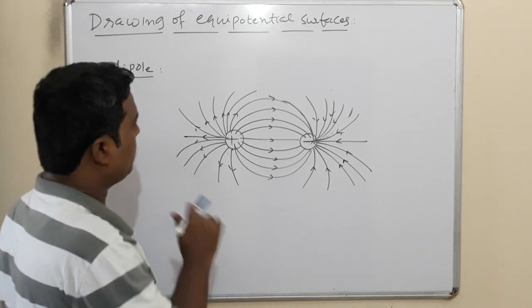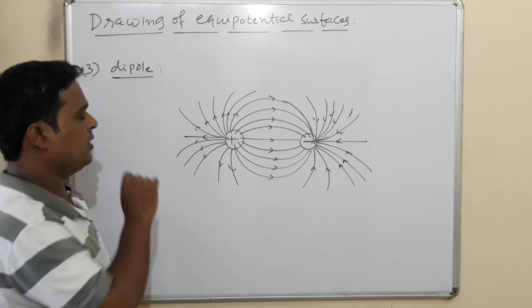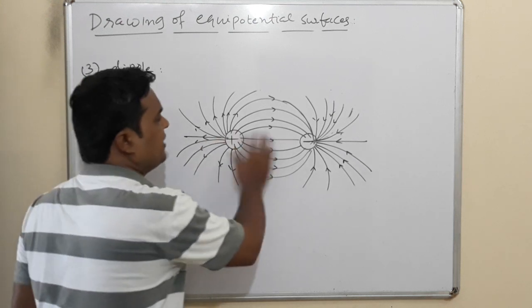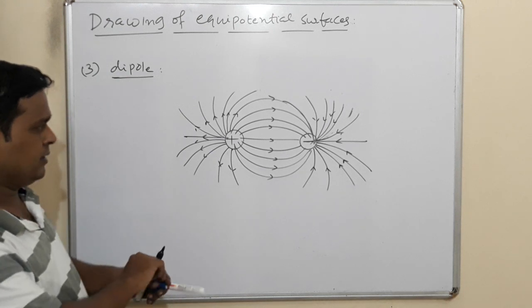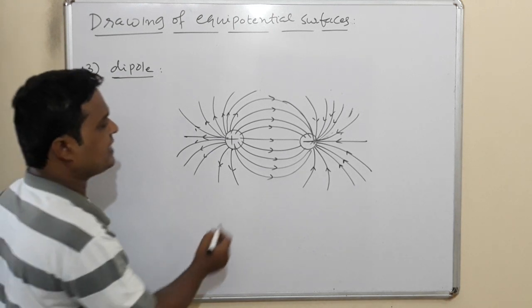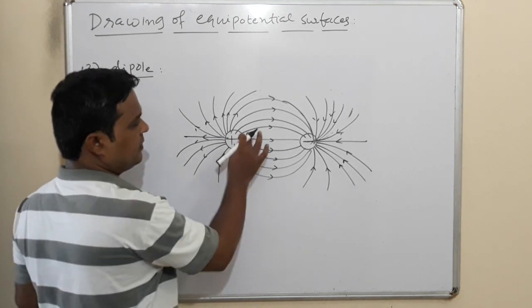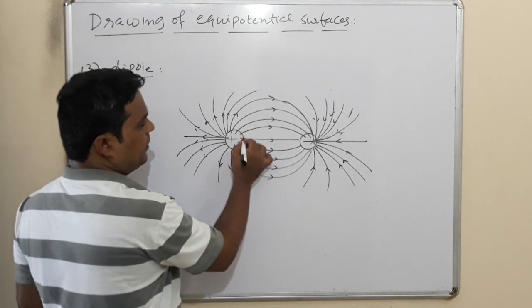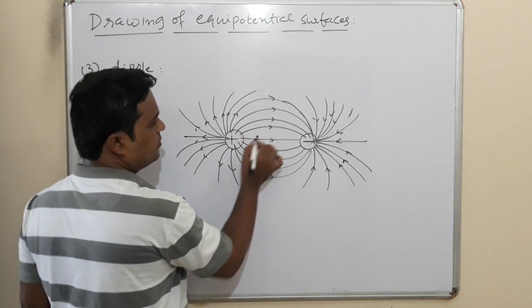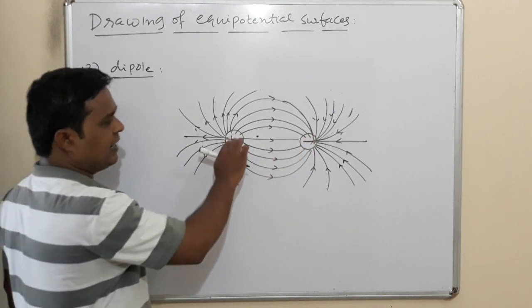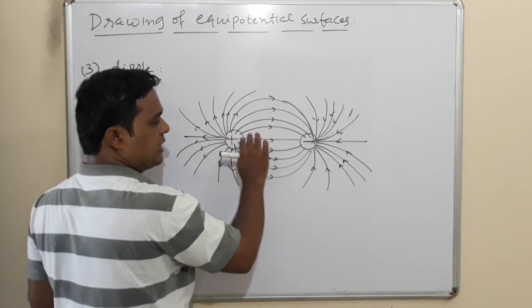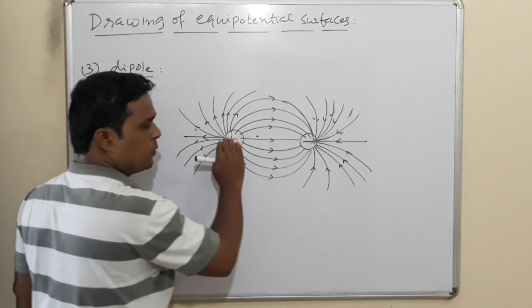To draw the equipotential surface, first let us see in which region the field is strong and in which region the field is weak. Suppose I place a test charge, or take a point, in between these 2 points. The electric field due to these 2 charges will be in the same direction or opposite direction?